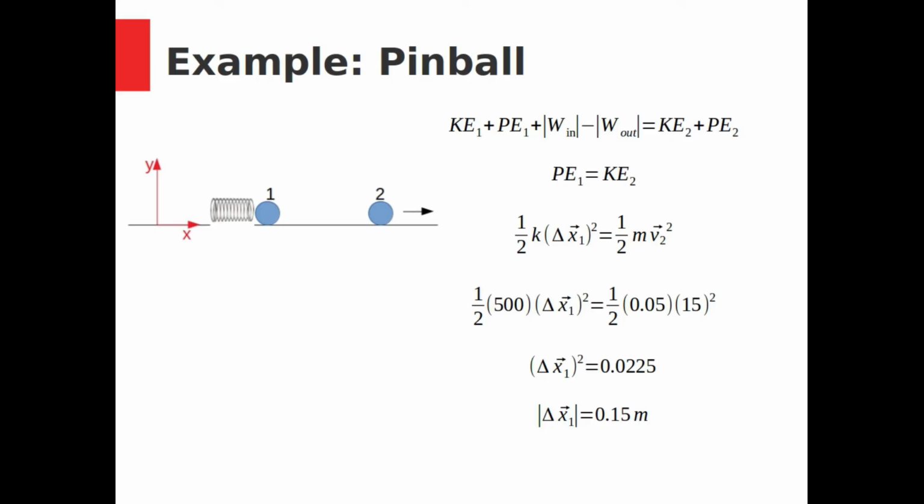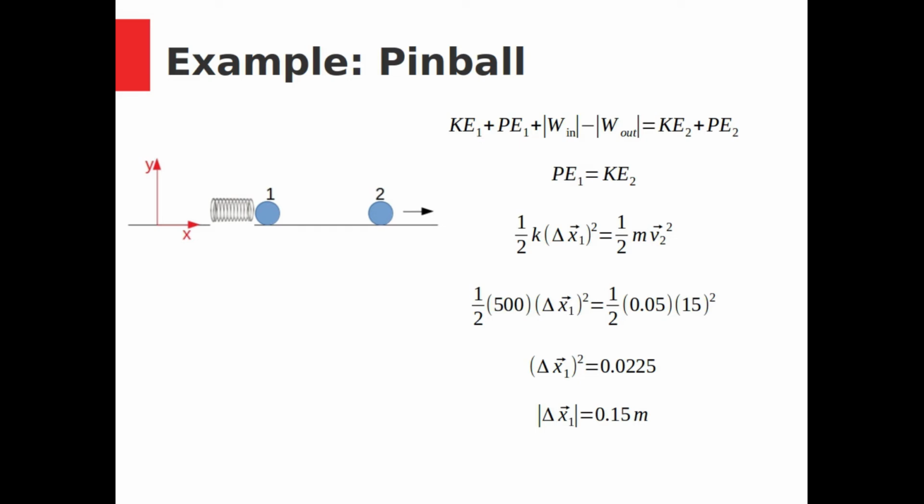Let's turn to the equation of conservation of energy. The ball is initially not moving, so it has no kinetic energy. However, the spring is compressed, so spring potential energy is present in this problem. There are no other forces to reckon with, so work in and work out are both zero. And in the end, the spring is uncompressed and the ball has not changed its height, so there's no potential energy to speak of.